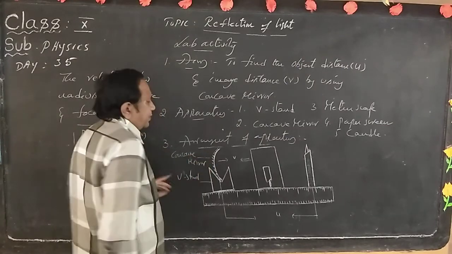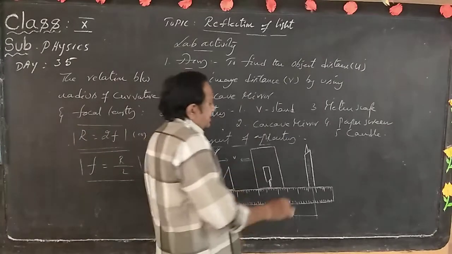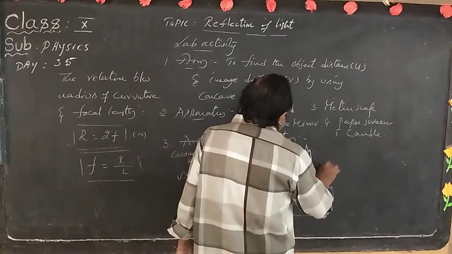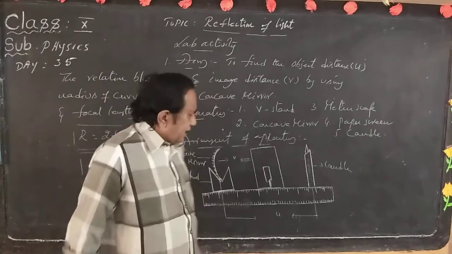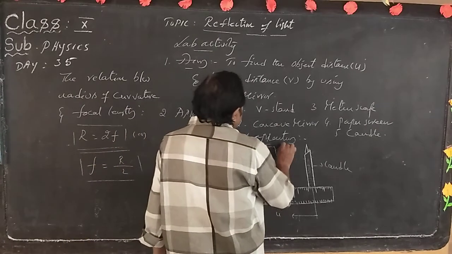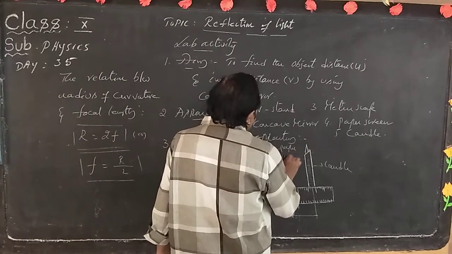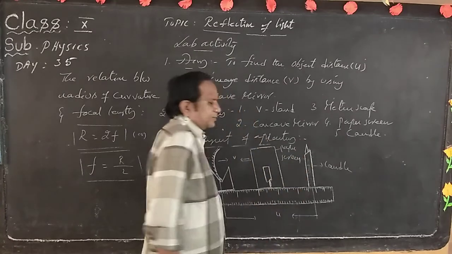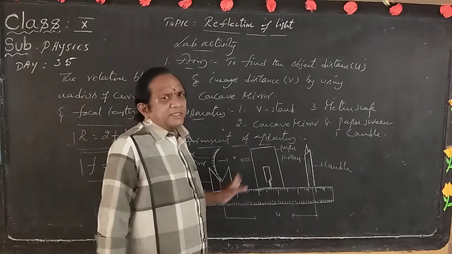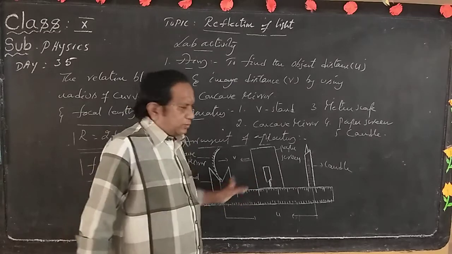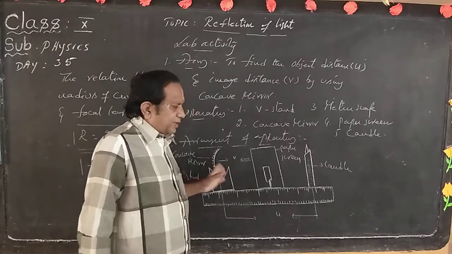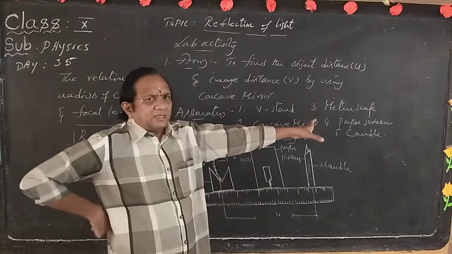Opposite to it, at a distance measured exactly, place a burning candle, and take a paper screen. Move this paper screen to and fro to adjust it. Then at one particular instant we get a sharp image of the object.